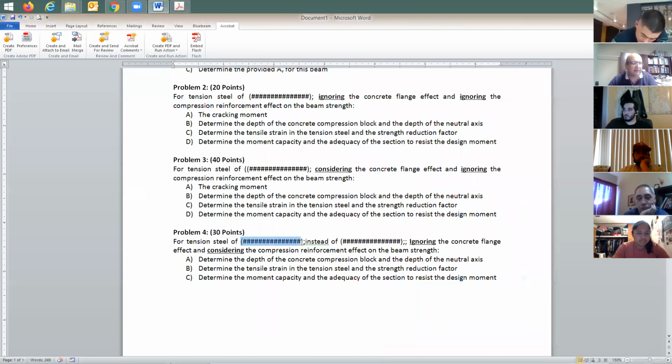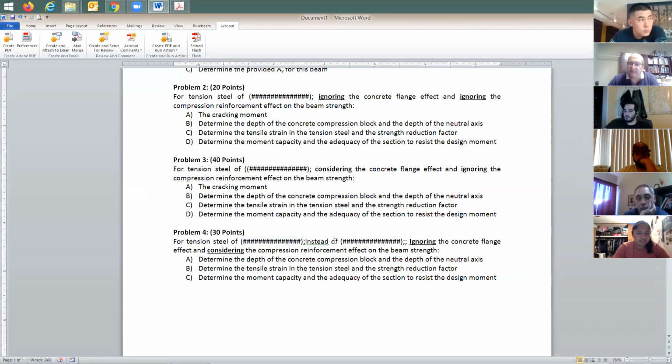It's gonna be some number there. And ignore the concrete flange effect. Consider the compression reinforcement. Now you treat this as a rectangular section with some compression reinforcement. No T effect. So it's gonna be one section, same reinforcing, tension and compression, except for the last one when you change it a little bit.